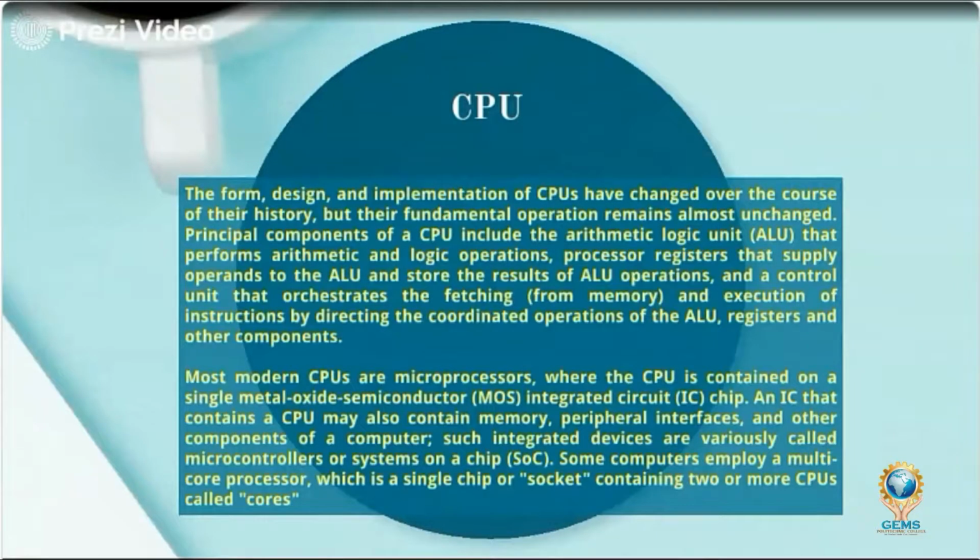Principal components of a CPU include the arithmetic logic unit that performs arithmetic and logical operations, and processor registers that supply operands to the ALU and store the result of ALU operations. It handles the logical and arithmetical operations and converts the user language into binary language.